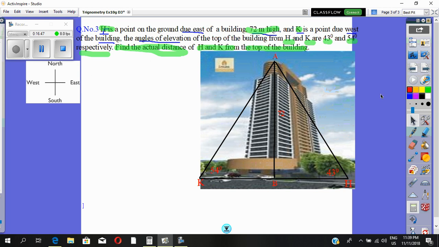Here we have the hypotenuse to find, and the opposite is given.